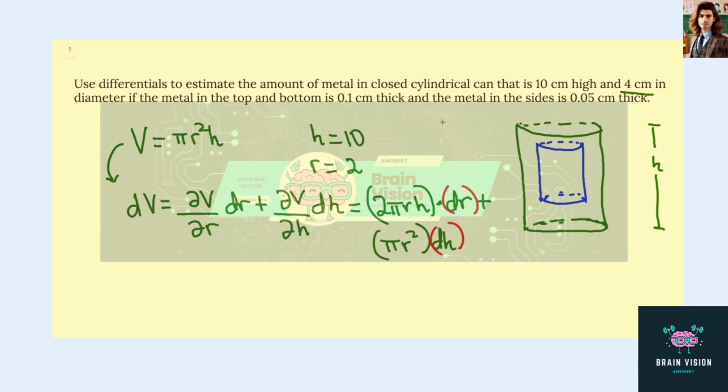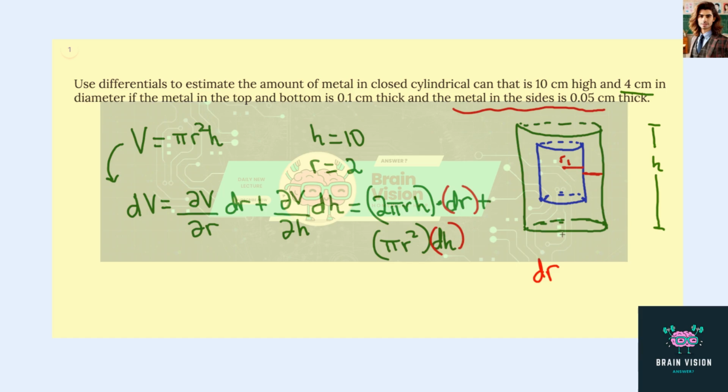So for dr, they're telling us the metal in the sides is 0.05 centimeters thick. That's this quantity right here. We see the original radius, let's call it R1, the radius of the blue cylinder.